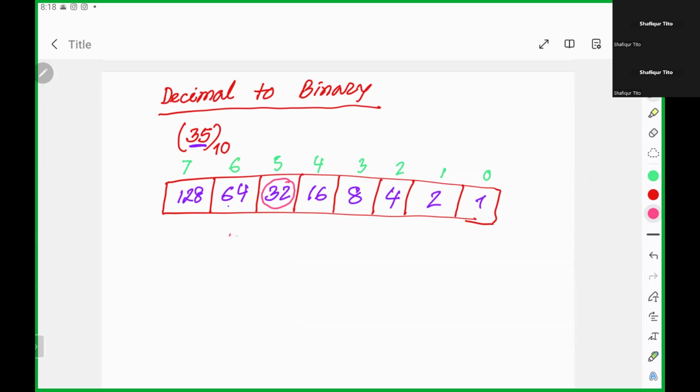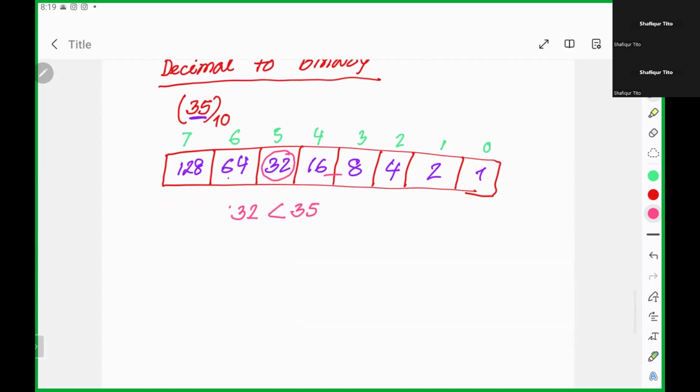I can just write down that 32 is smaller than 35. This is the largest smaller number, the highest smaller number than the given number. So the first bit we have identified will be 1 in my binary number.